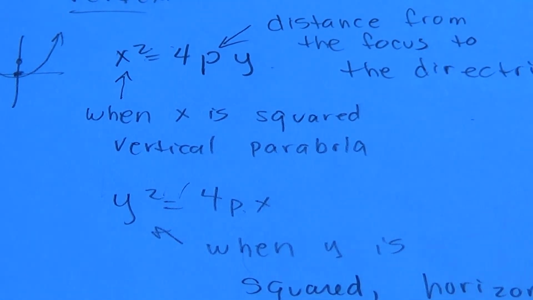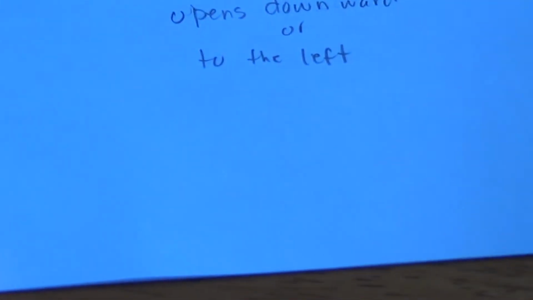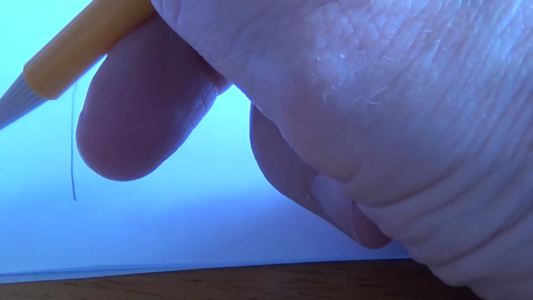All right, so putting those two together we know a whole lot, but we don't know everything in every case. So let me give you a little bit more. Looks like I'm approaching 15 minutes. It turns out that a lot of parabolas are not centered at the origin.